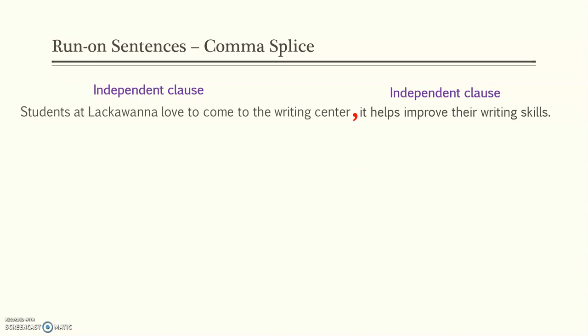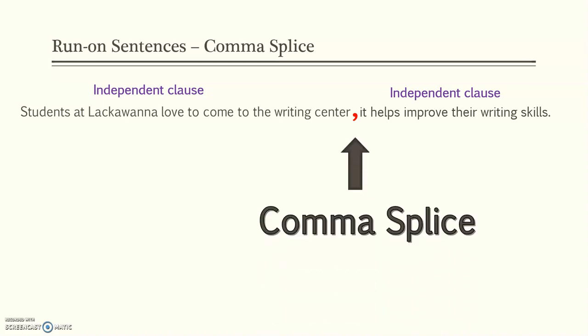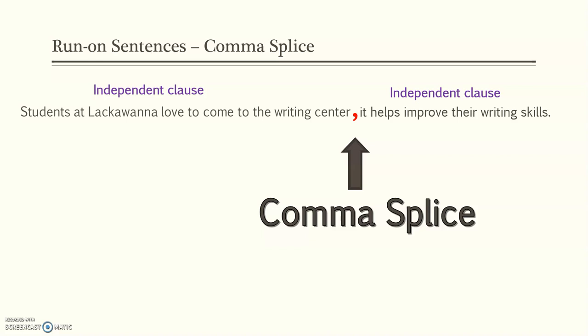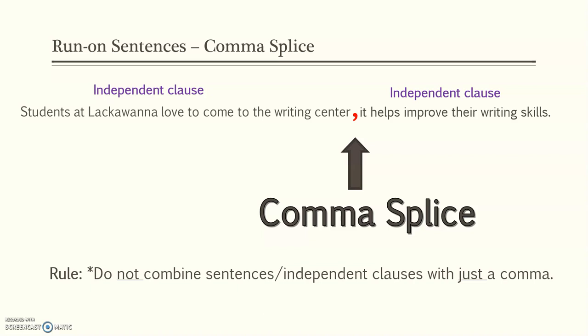So a lot of times we think, okay, well, I'm going to split this up with a comma because I recognize that there needs to be a pause there. However, when you just separate these two independent clauses with a comma, it now becomes a different type of run-on sentence called a comma splice.